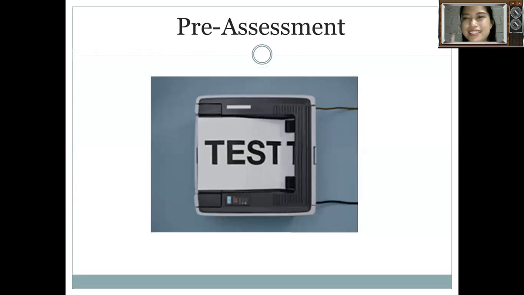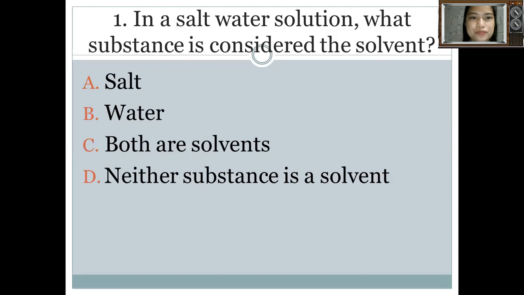let's test your knowledge. Once again, bring with you your pen and paper. In each item, I'm going to give 5 seconds for you to answer, and then we will reveal the answer after the item, okay? First item, in a salt water solution, what substance is considered the solvent?